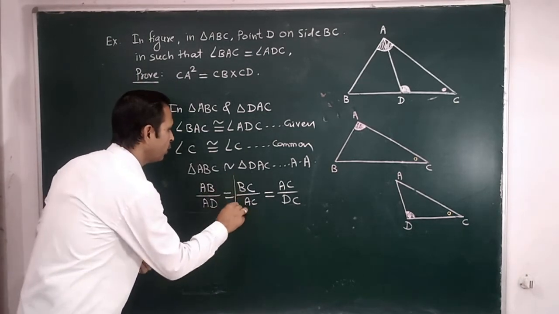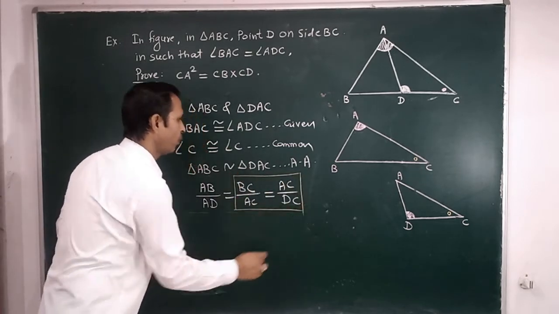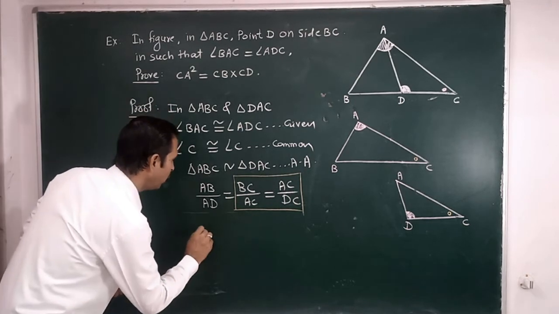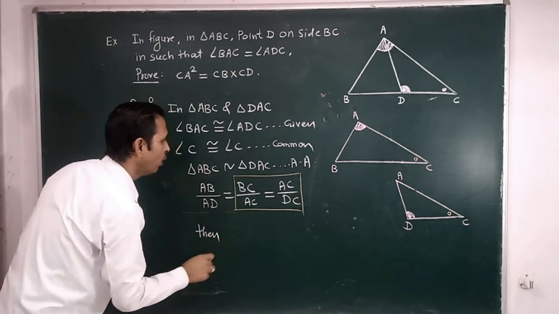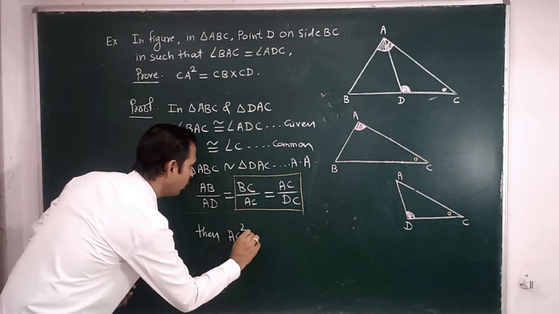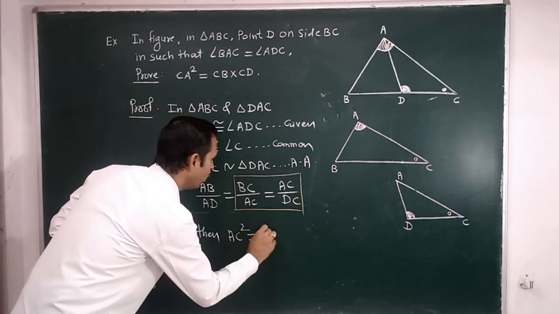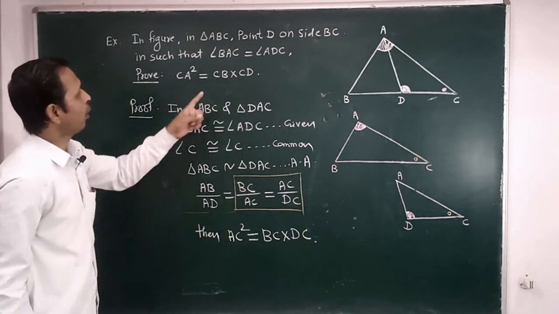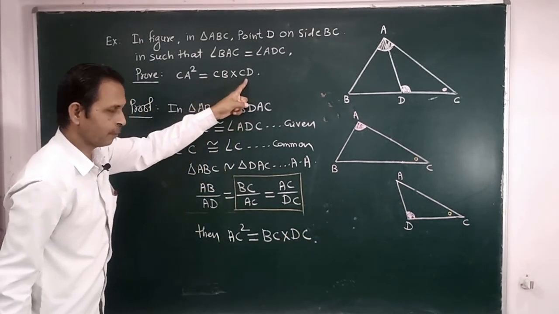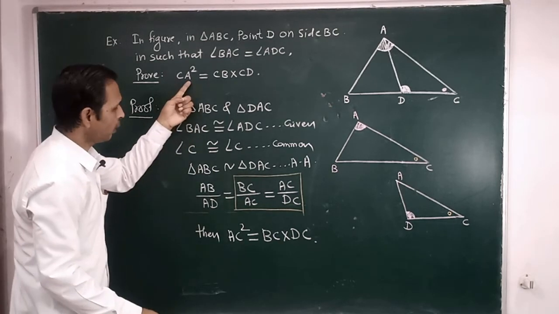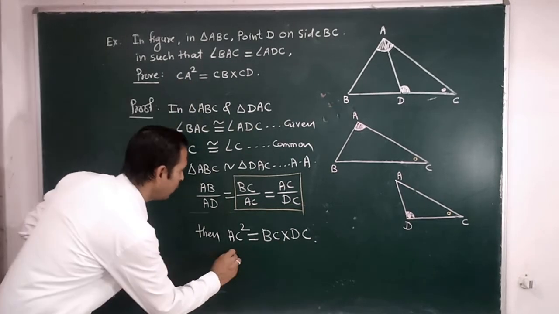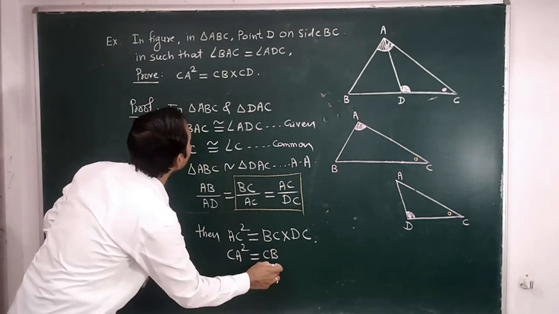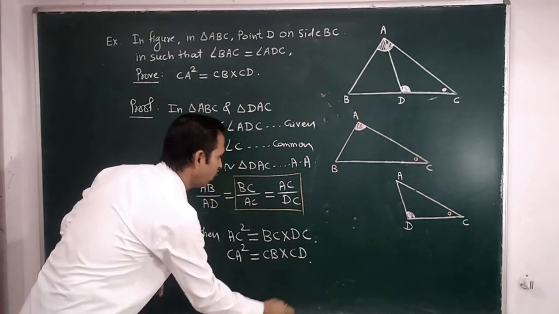If we take these two ratios and cross multiply, then we get AC square is equal to BC into DC, or CB into CD, or we write CA square is equal to CB into CD.